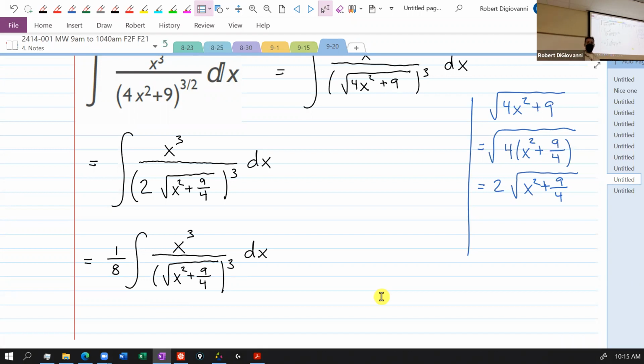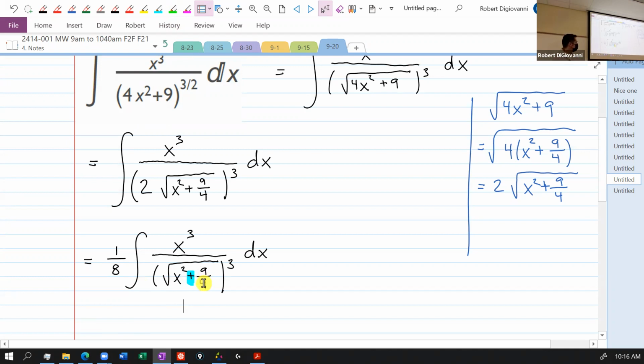Okay, I'm going to do a trig sub. I see a plus sign between these two, and that's the one that's a tan theta. What's a? Be careful. What is a here? 3/2. A is the square root of that number, 9/4. If that was a 9, it would be 3. If that was a 16, it would be 4.